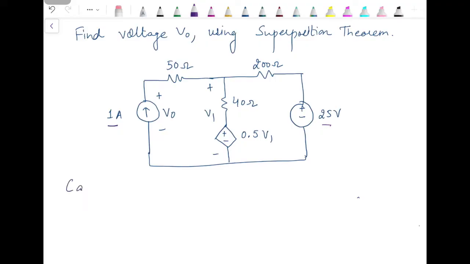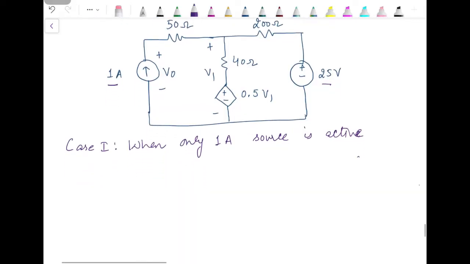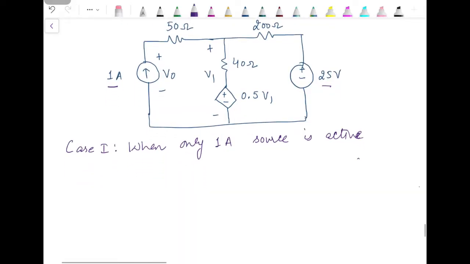So let's take the first case, when only the 1 ampere source is active. When only the 1 ampere source is active, this voltage dependent voltage source will remain as it is in the circuit, while this 25 volt source will be replaced by a short circuit.